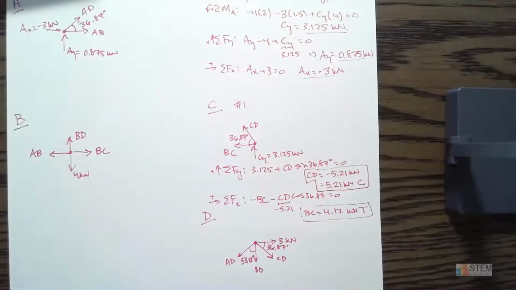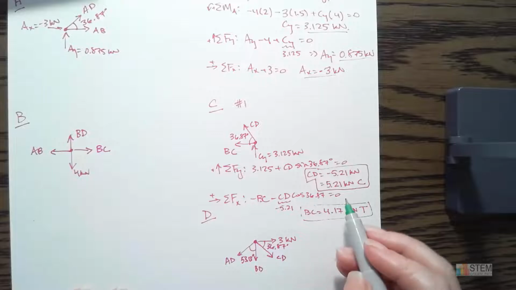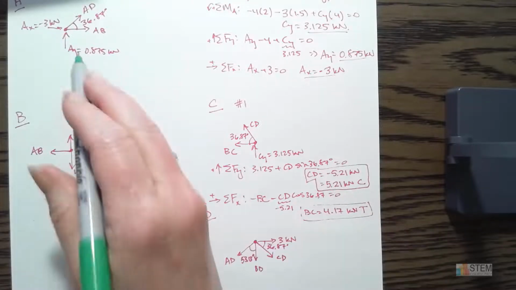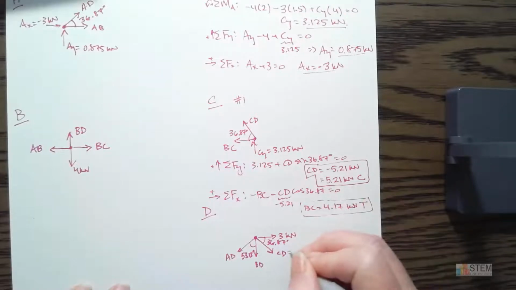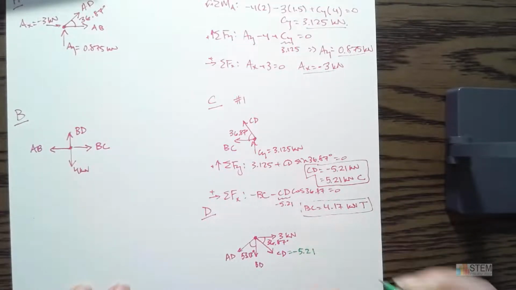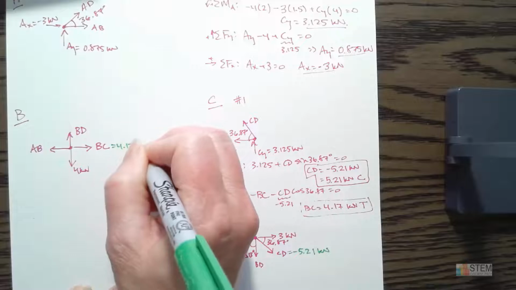Okay, so now we've got these values here. What I usually do next is go through and fill in these values on the other diagrams where I have these same forces. So CD is negative 5.21, so let's write this in here. And then we have BC, which is right here.